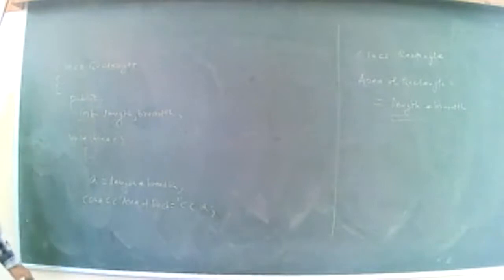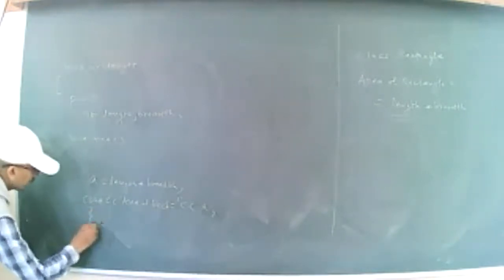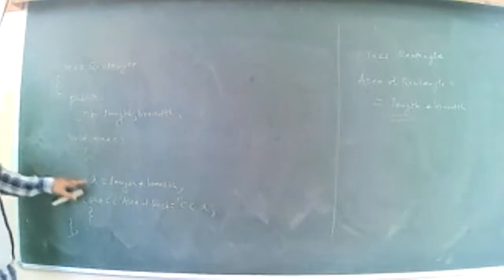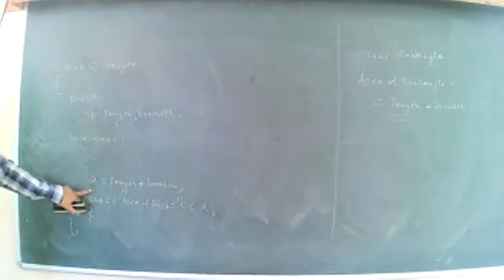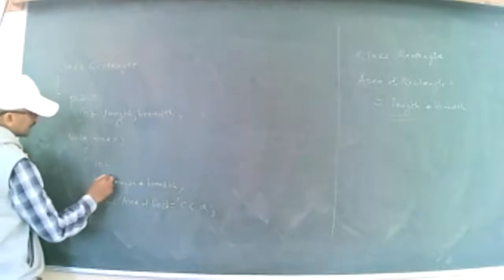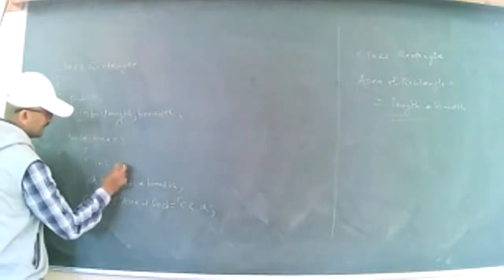Next, we are going to close this void function, and after that we are going to close this class. But if you observe this variable a or area, we have not defined it. So in the function itself, we can define this a.